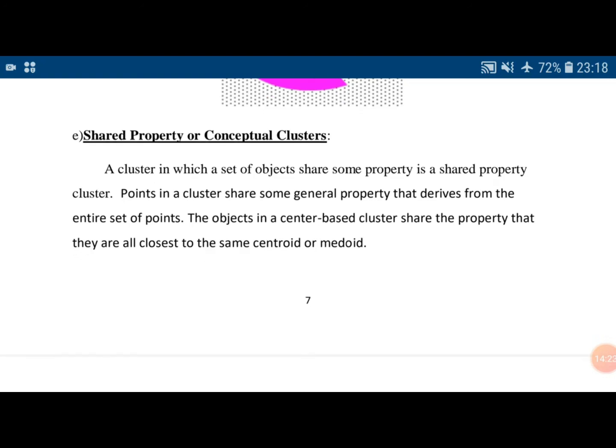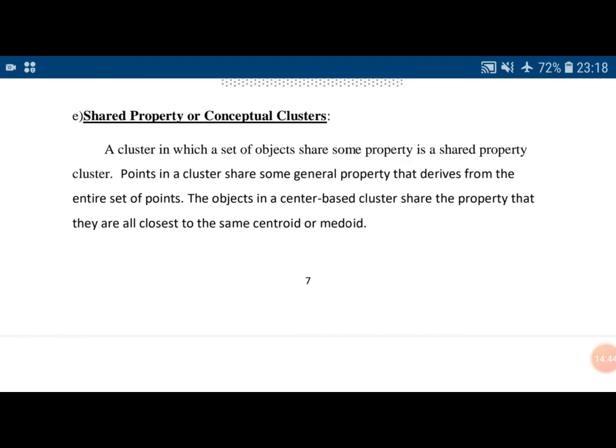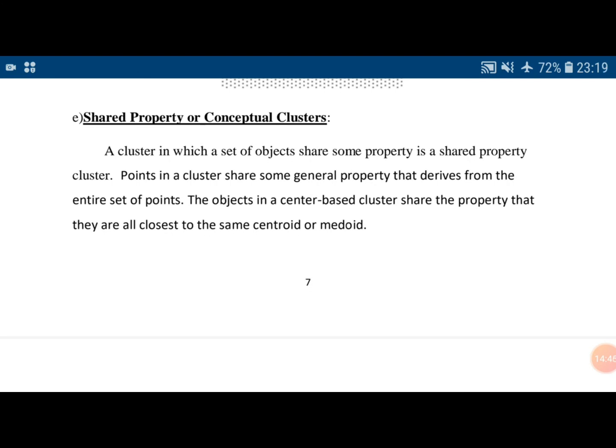But shared property clusters are the clusters that share some features. For example, within a specified region we have 3 clusters, the first cluster, second cluster and third cluster, and those are commonly sharing some properties from the entire region's data elements.